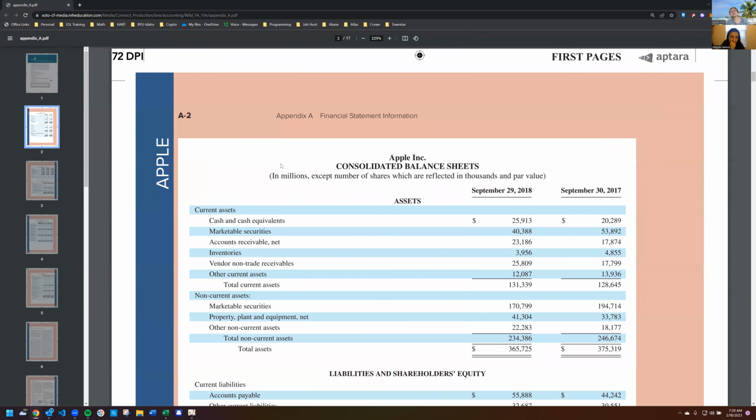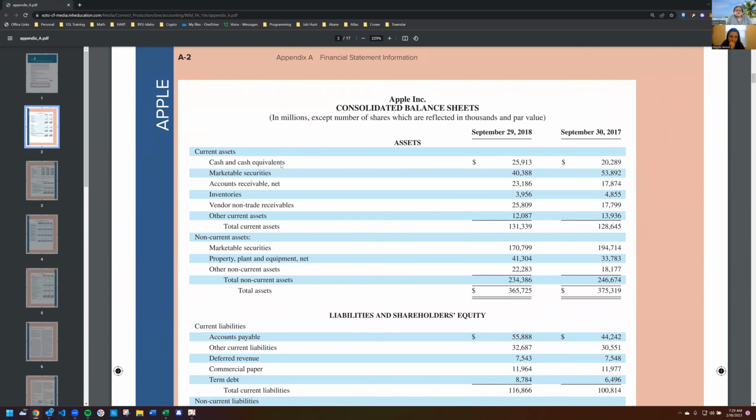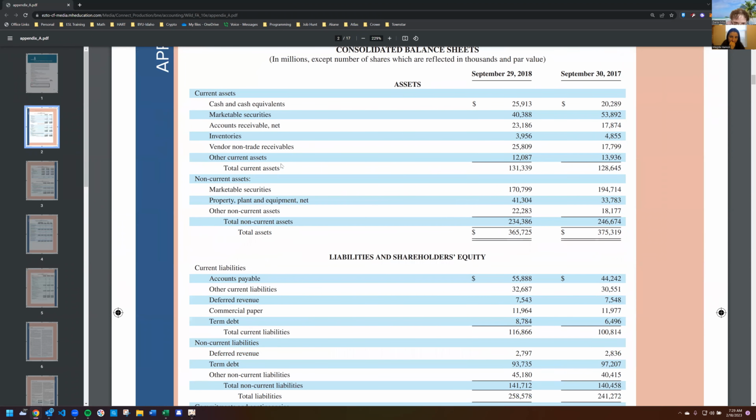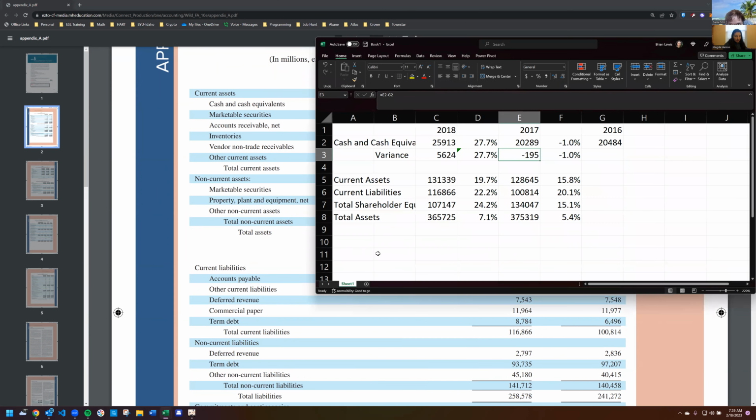Don't forget, effectively you're going to be looking at accounts receivable because it hasn't been collected, right? Accounts receivable and net sales, I think it is.